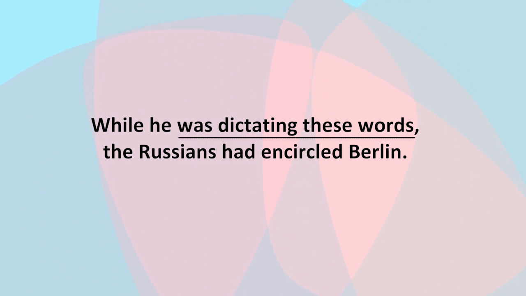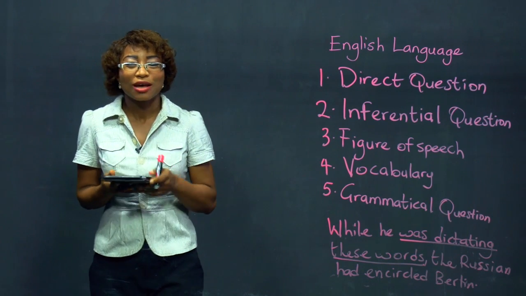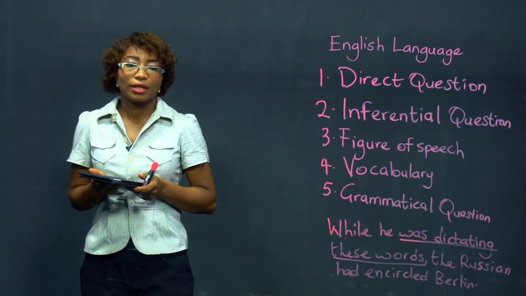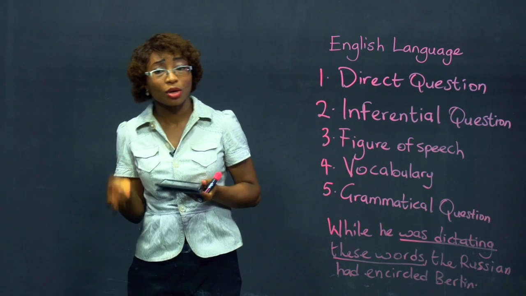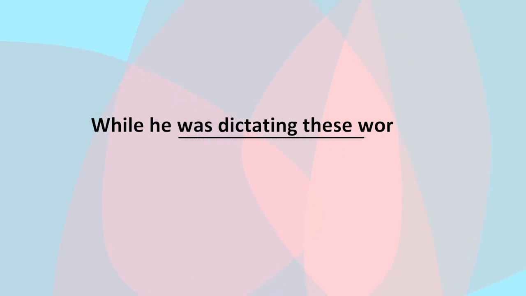Now, the underlined clause there is while he was dictating these words. How can we identify this as an adverbial clause? We look at what it is doing in that place. Why is it a clause? It's a clause because it has a subject and it has a verb.